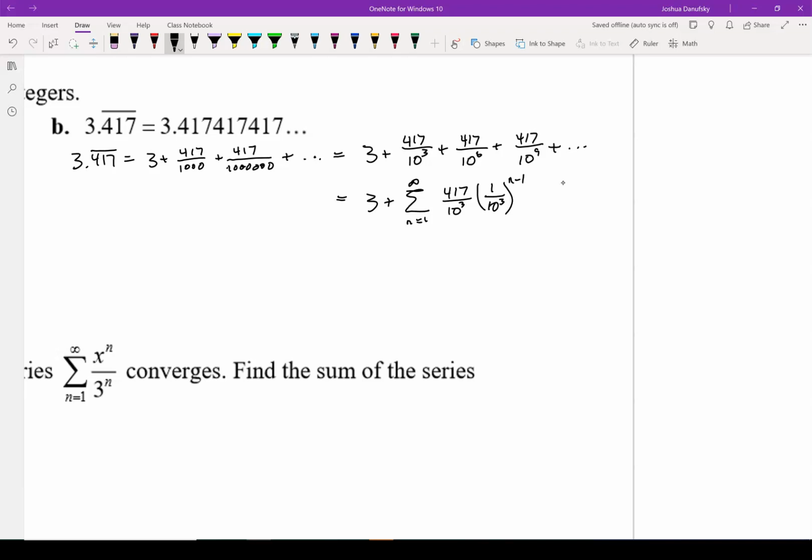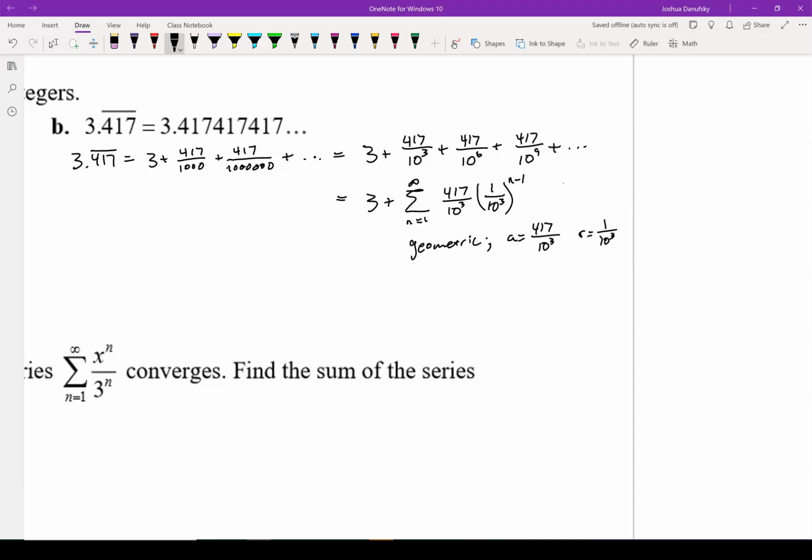Again, pause the video, plug in 1 for n, and verify that you get the first term, 417 over 10 to the third. Then plug in 2 and verify that you get 417 over 10 to the sixth, and then plug in 3, and so on and so forth. So again, we have a geometric series here, where in this case, a is 417 over 10 to the third, and r is equal to 1 over 10 to the third.